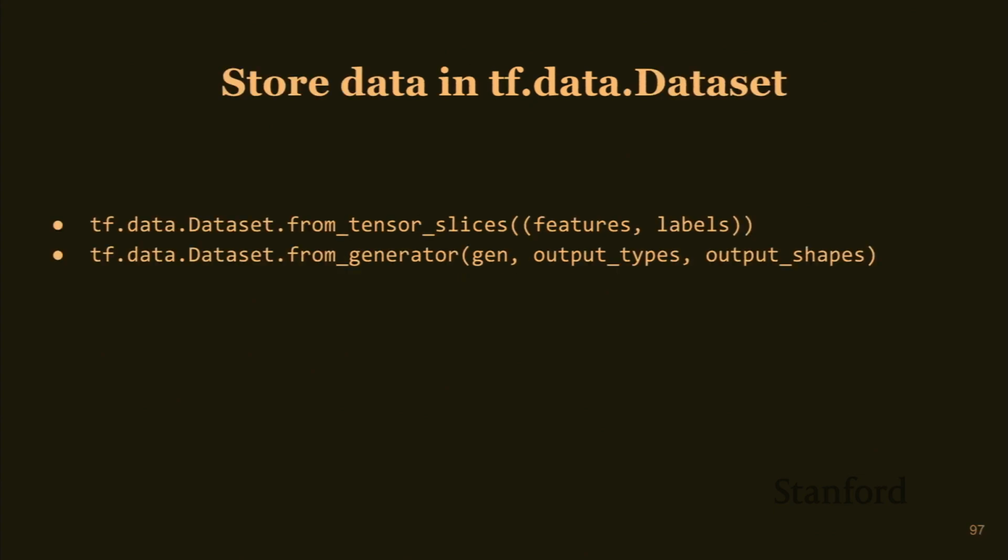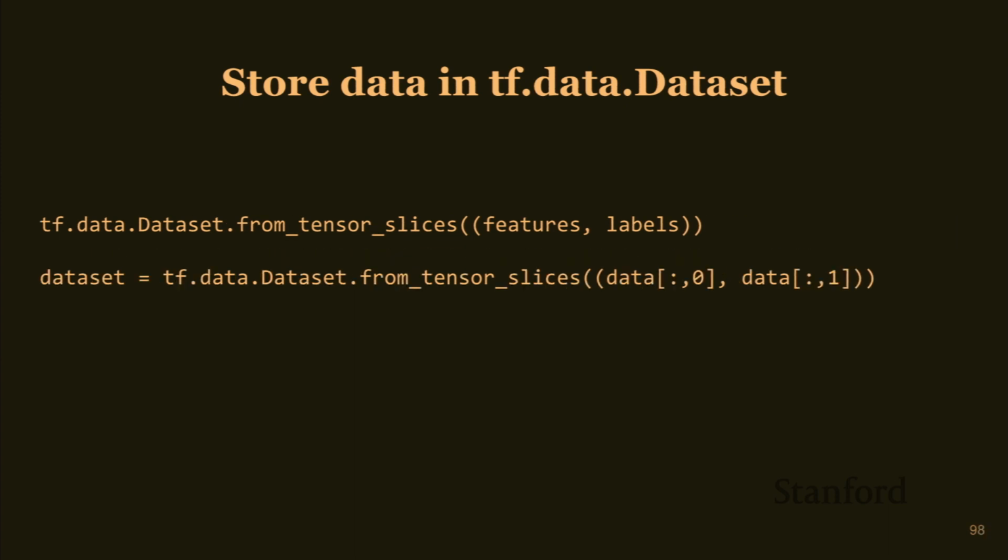The dataset is just how you store the data. It can be created either from tensor slices or from a generator. For example, if you have a NumPy generator or Python generator, you can create it from that. In our case, we would want to create it from tensor slices. Remember, our data is actually a NumPy array.